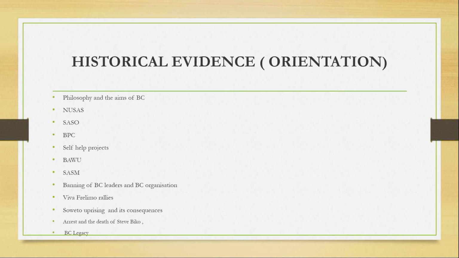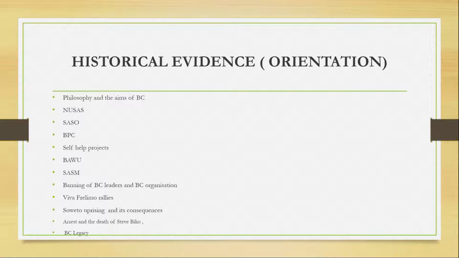In this case, the historical evidence is the following. When you are discussing this essay, you must firstly explain the philosophy of the Black Consciousness Movement and the aims of the Black Consciousness Movement.